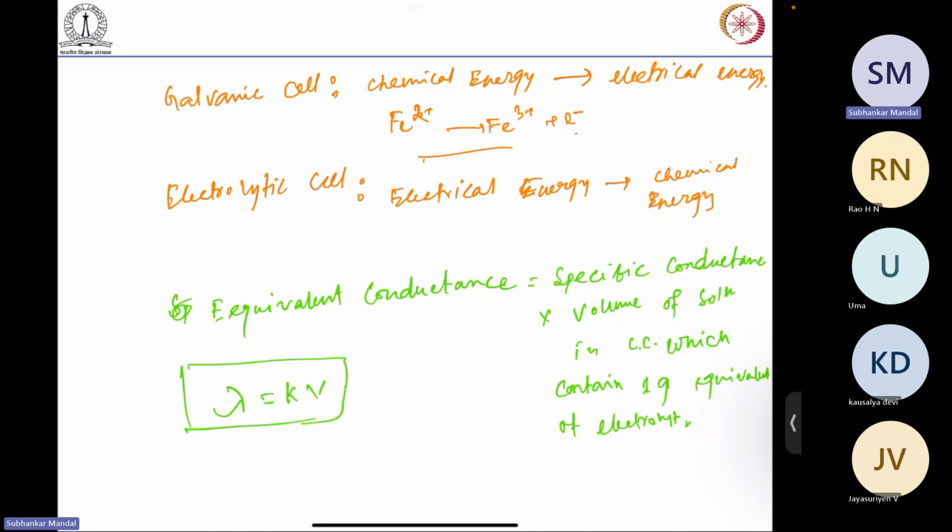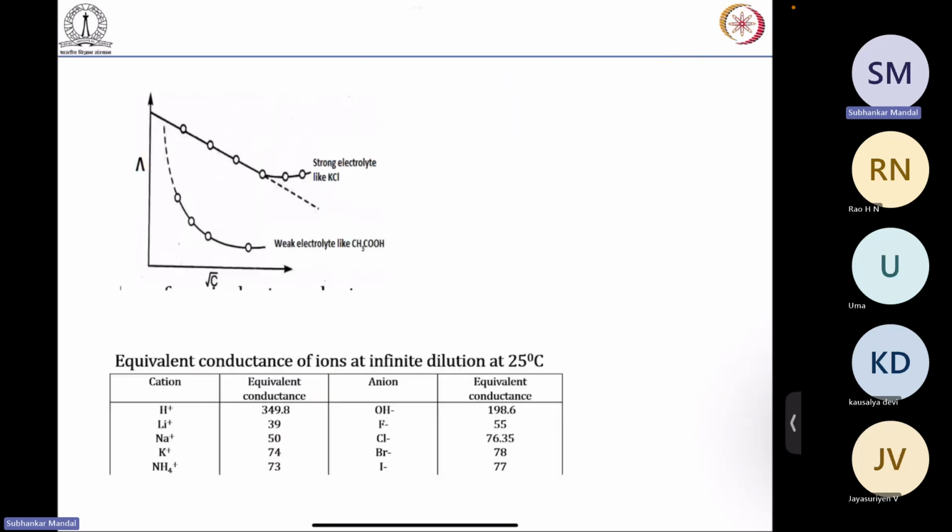Now, from there we get to know these key things we have discussed.